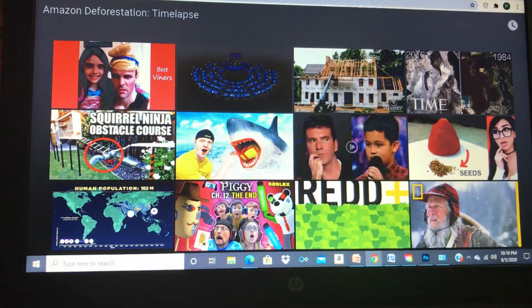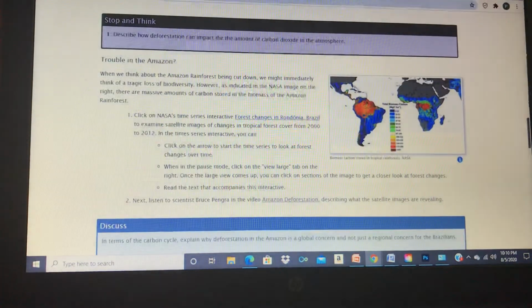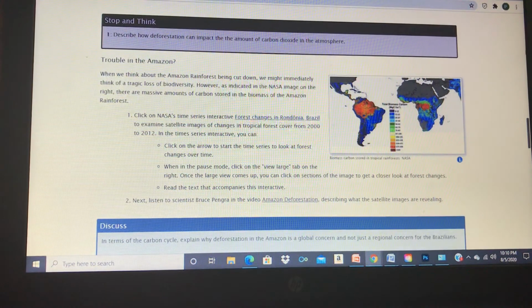Okay, so with that video, we learned that the Amazon is considered the lungs of the world because it is a large portion of the forest that clears the carbon dioxide out of the air and helps with the cooling of the atmosphere. And what I really enjoy about these videos is it's showing you a time lapse.